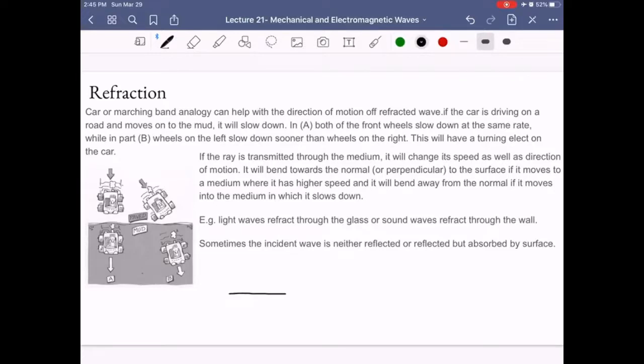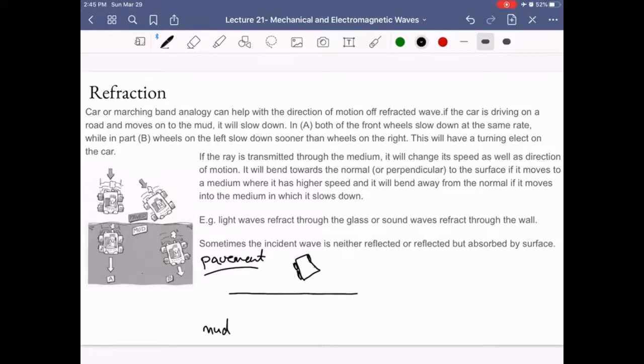Let's say we have a surface here, and on this side we have pavement on which the car has no difficulty traveling, and here we have mud or a different type of surface, or water if you like.